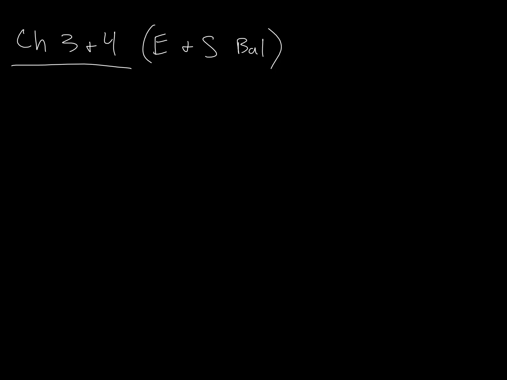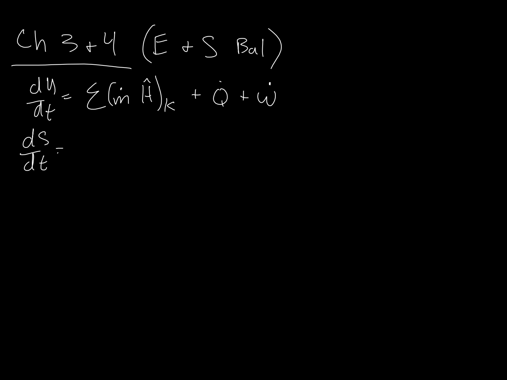So remember, all of these problems are solved by simplifying one of two equations. dU/dt is equal to the summation of m dot h hat of k, where k corresponds to the different streams going in and out of the system, plus Q dot plus W dot. Likewise, we have the same expression for entropy.